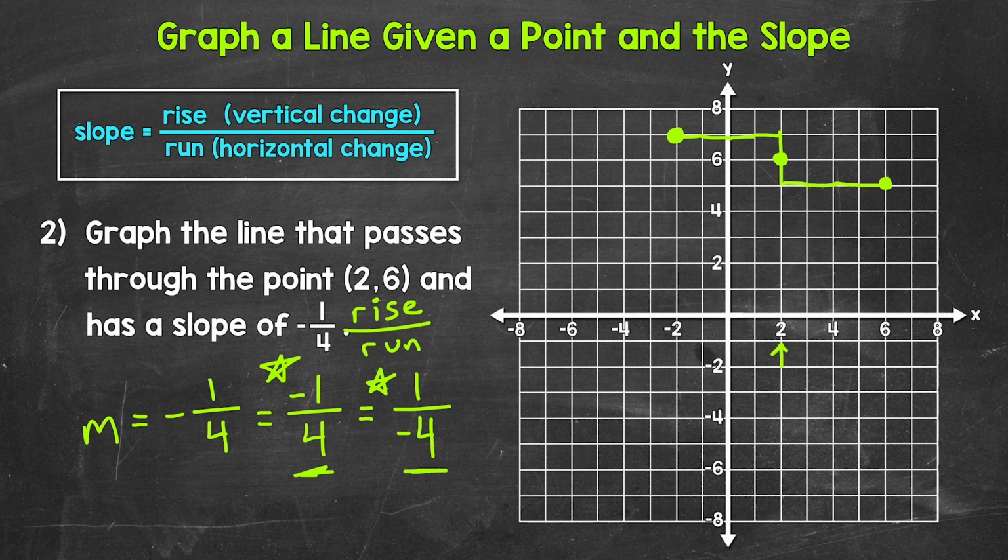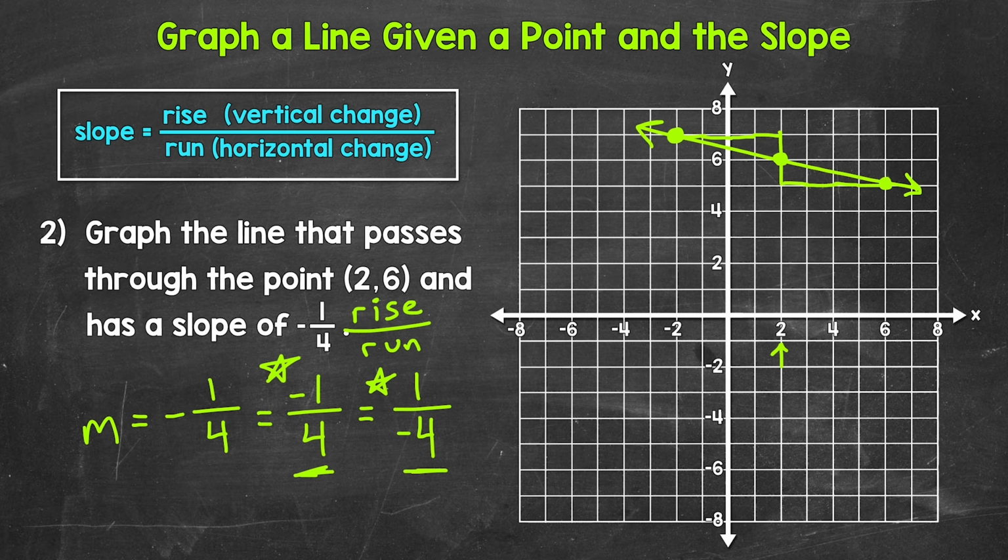Now, our last step, step 3, we draw a straight line through our points. So a line through the points. And that's it. We have our line graphed. And looking at this line, we can see that it is moving downward as it moves from left to right.